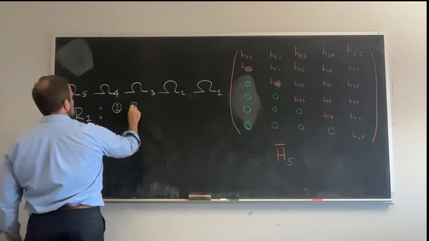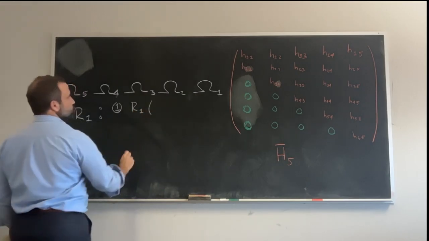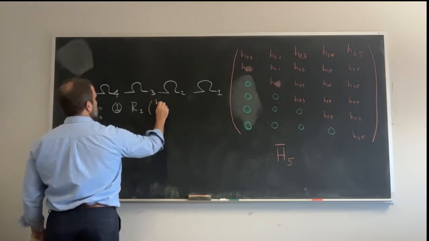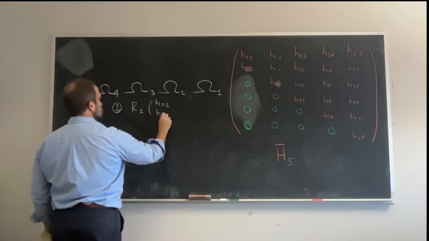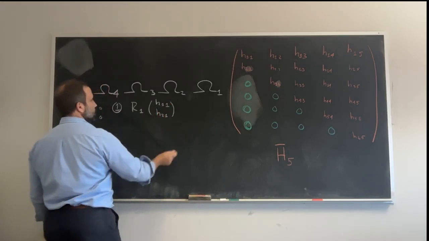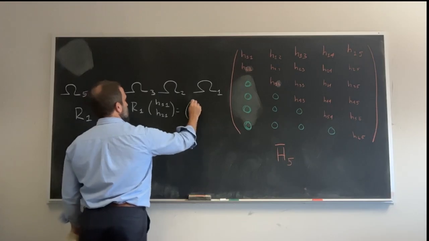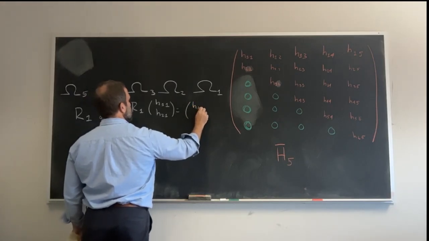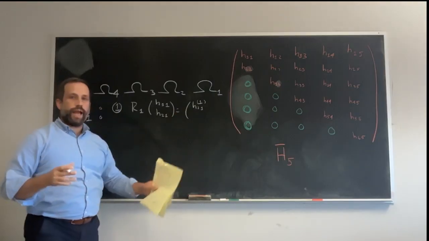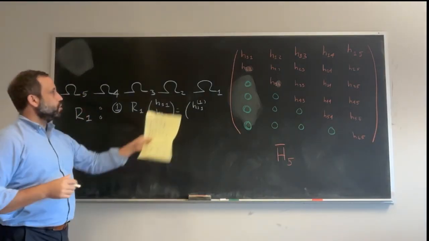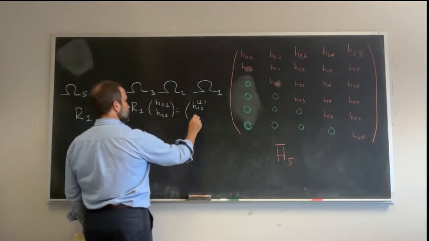One, it's a 2x2 matrix, and when I apply R1 to H11, H21, I want the result to be the following. The top entry is going to be H11 with a 1 in the upper index, meaning I have done one of these omegas to it. And the bottom entry is going to be equal to 0.